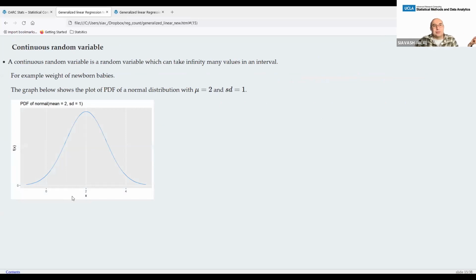The probability of x equal to, for example, 1 is 0, but the probability of x between 2 here and 4 is the area under this curve. So we call this function the PDF, or probability distribution function, of the random variable.